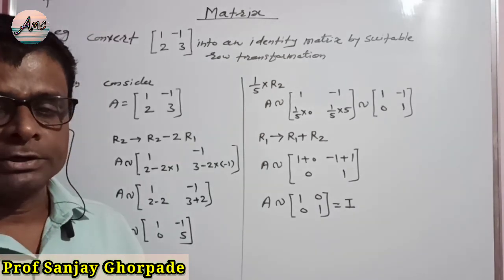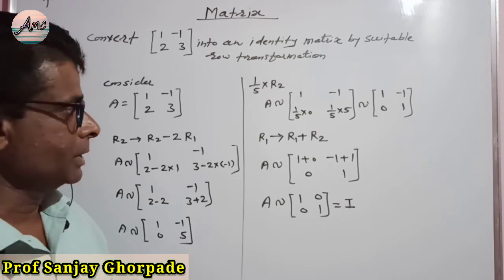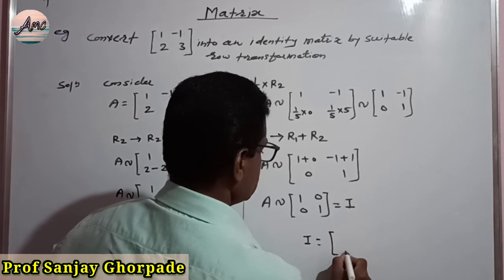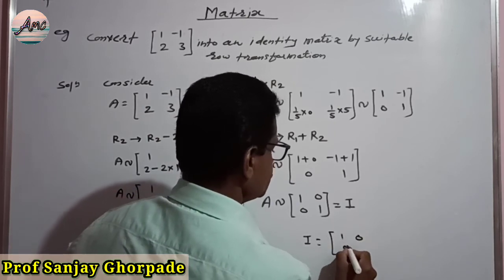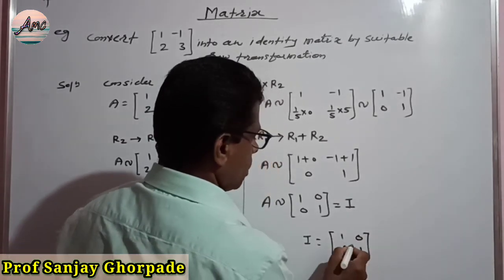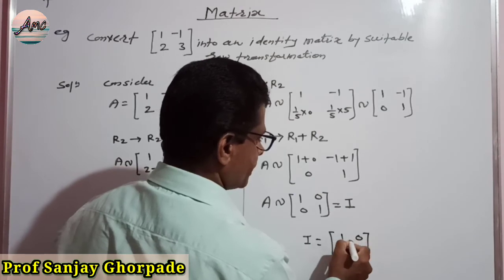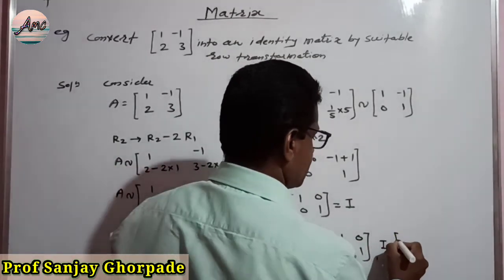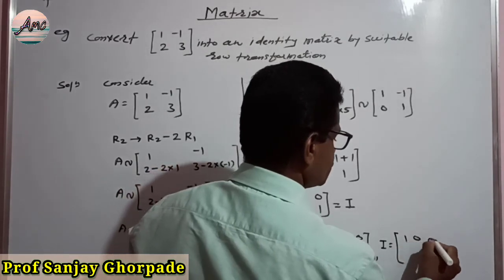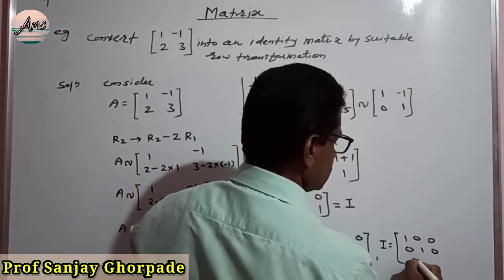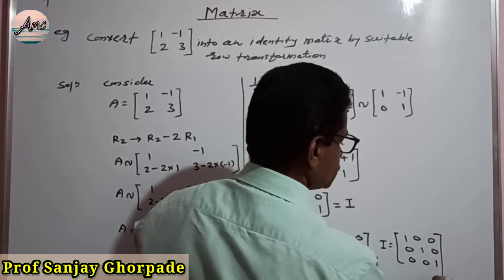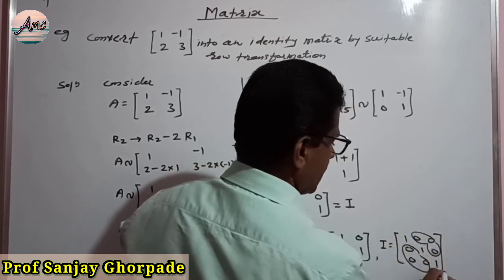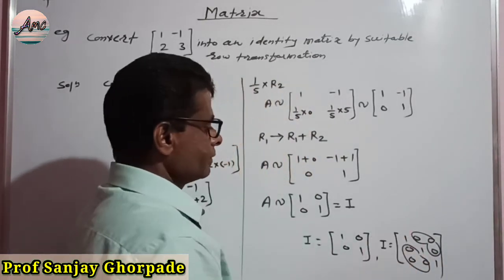The identity matrix is denoted by the letter I. So for example, matrix I equals 1, 0, 0, 1. All the non-diagonal elements are 0, every diagonal element is equal to 1. Or in terms of a 3 by 3 matrix, 1, 0, 0, 0, 1, 0, 0, 0, 1.